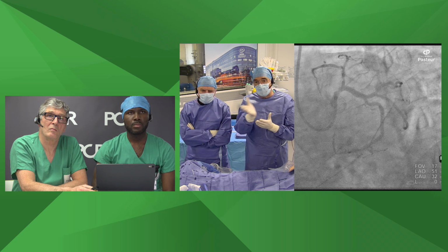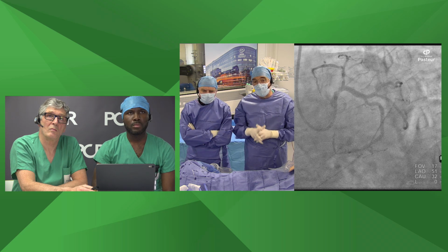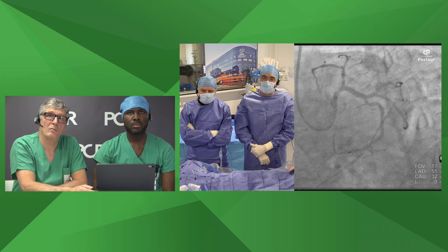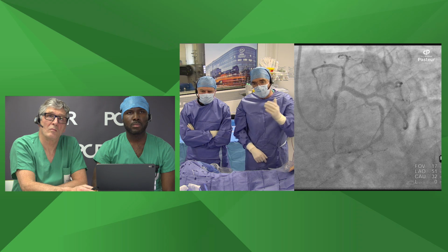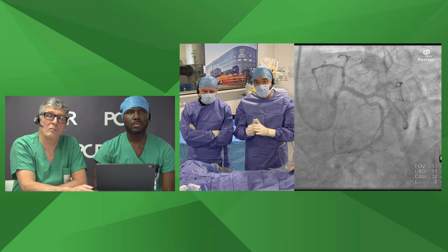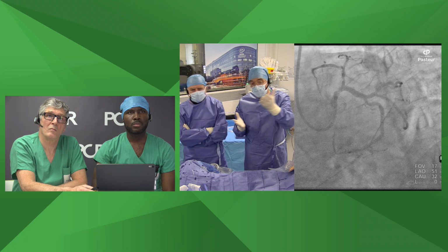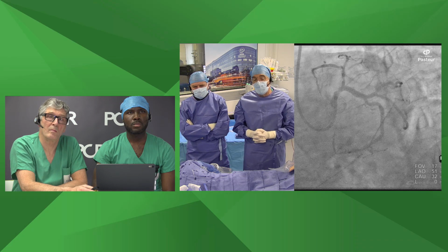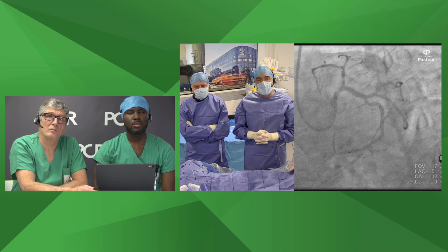After that, we will advance certainly a third wire to cross the struts of the stent, place this third wire in the distal LCX, and then open the struts with quite a large balloon. When you see the size of this vessel, it should be around 3.5 maybe.